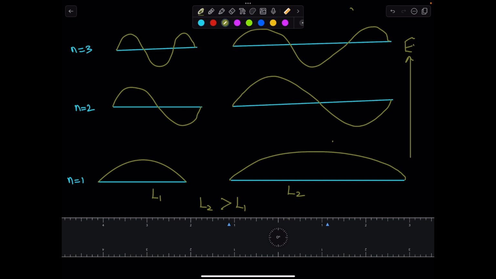So we can see that as the length of the conjugated system increases, the wavelength increases and the frequency decreases.